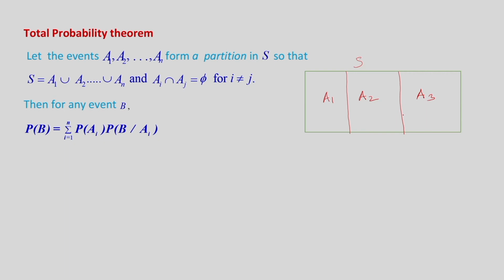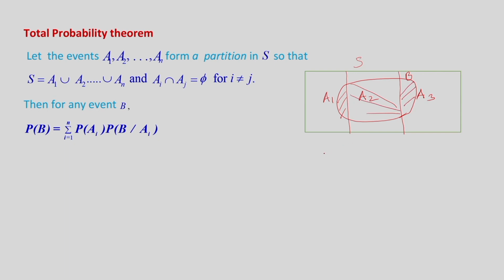Now, you consider any event B. This is the event B. Now, the probability of this event B is equal to the sum of the probabilities of this part, then this part, and then the probability of this part.